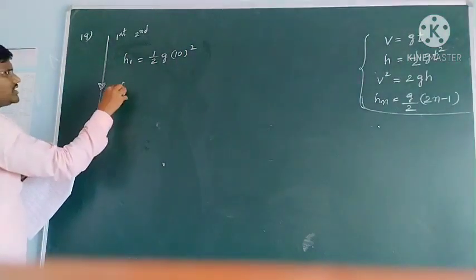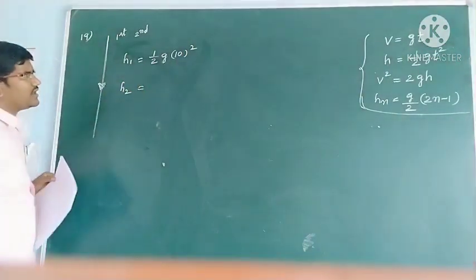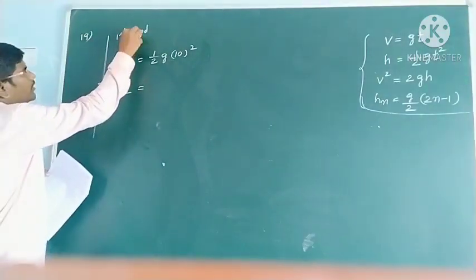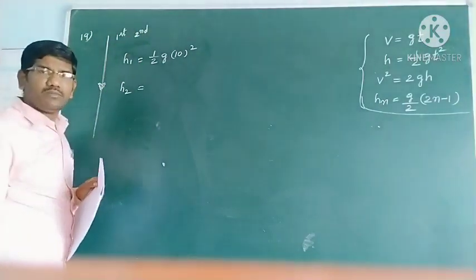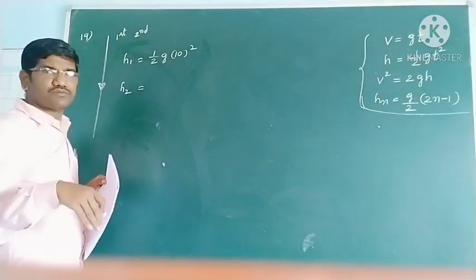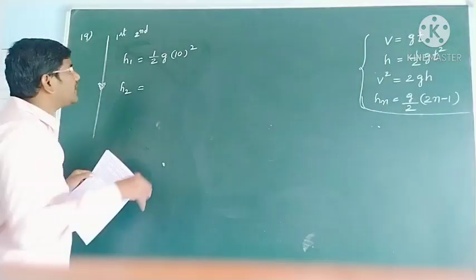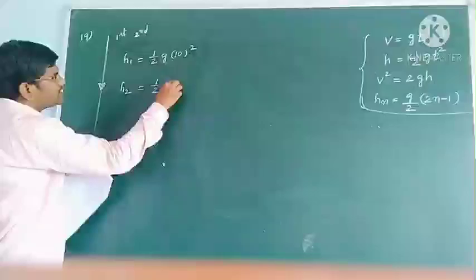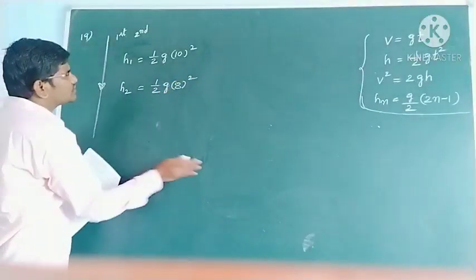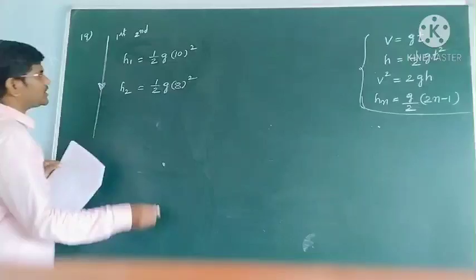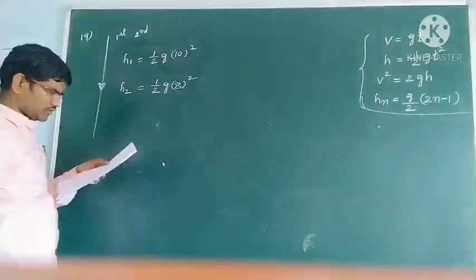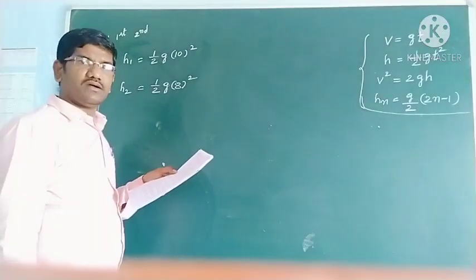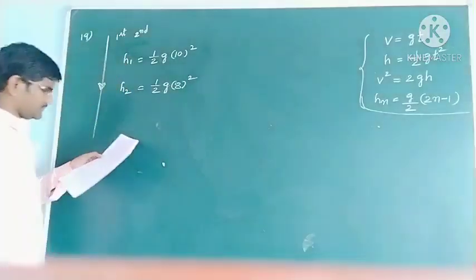So then h2. After 10 seconds they are asking, the second body will be dropped 2 seconds later than the first one. Then height fallen by the second body is half g into 8 square. So then the separation between them.